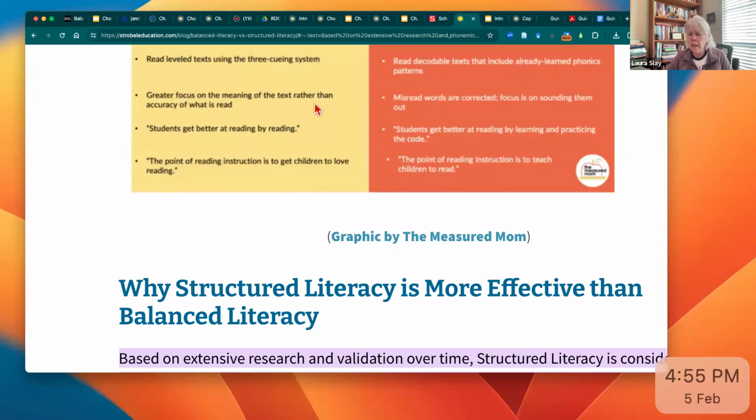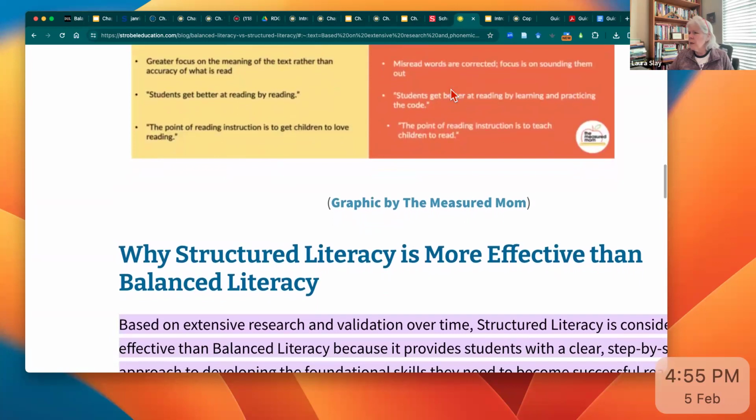I'm trying to think of an example: the word says horse, but the picture is of a donkey, and you're reading donkey because you see the picture. Well, that's not what the word says. It says horse. So you can use pictures to supplement and support your reading, but it should not be the reading. And we know that lots of children read pictures sooner than they read the actual words.